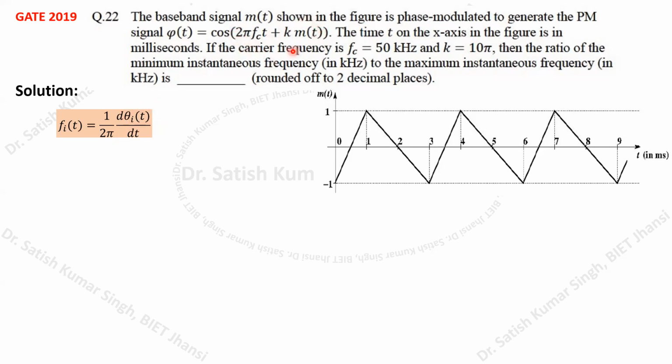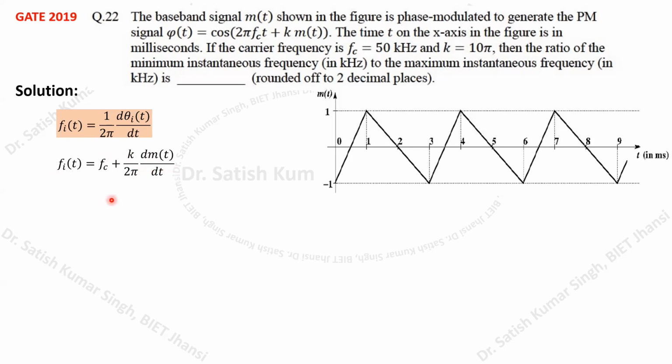Here theta_i(t) equals 2 pi fc t plus k m(t), the instantaneous angle of the phase modulated signal. Substituting this, the expression can be written as fc plus k divided by 2 pi into dm(t)/dt. This is the expression we get for the instantaneous frequency f_i(t).